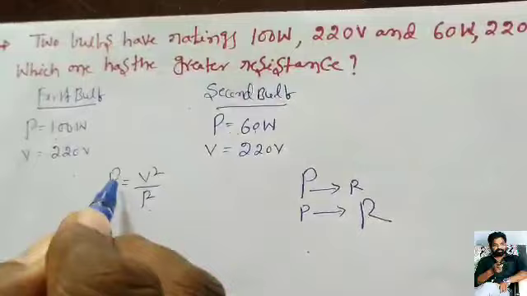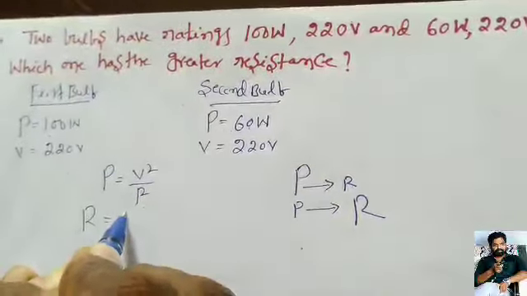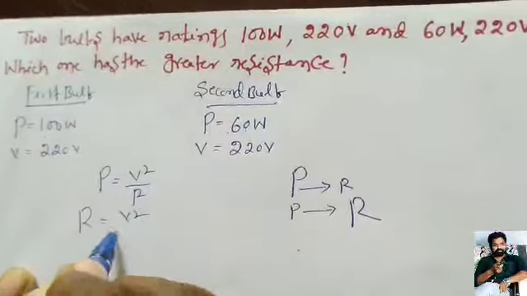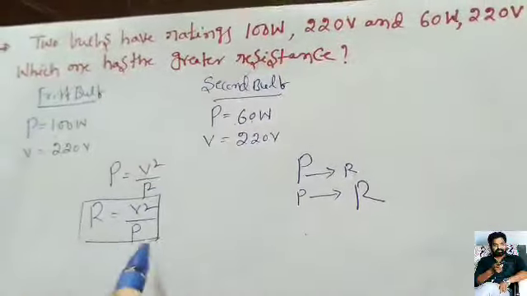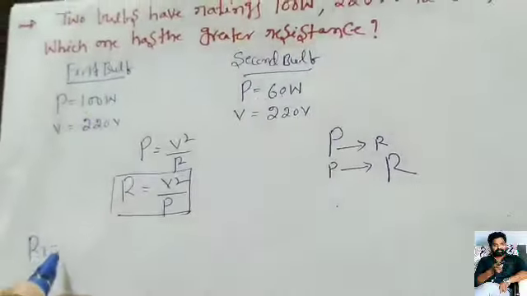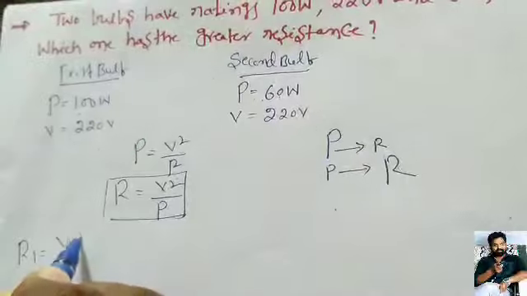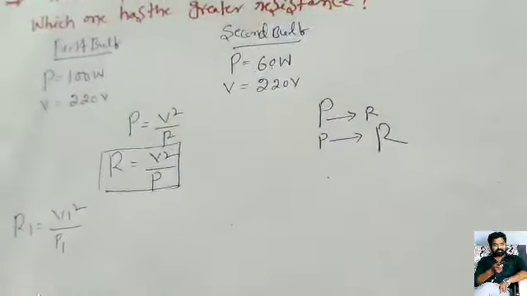Now we can prove it by using this formula. From this relation we can write R equal to V square by P. So for the first bulb, R1 equal to V1 square by P1.